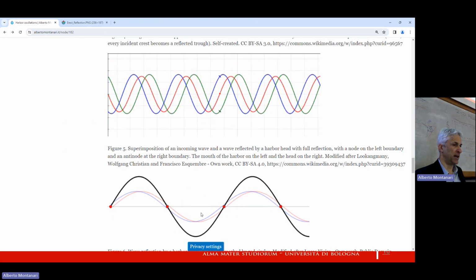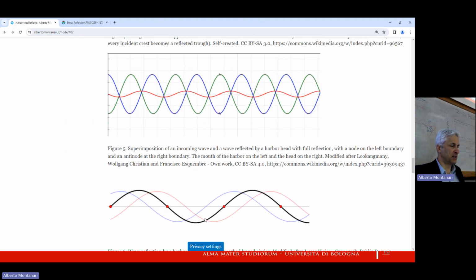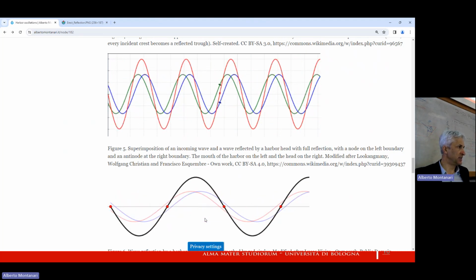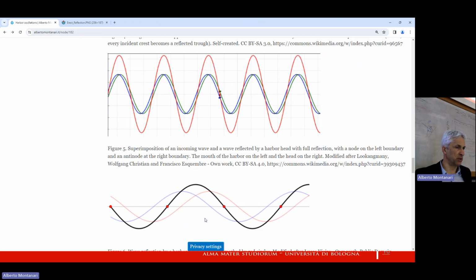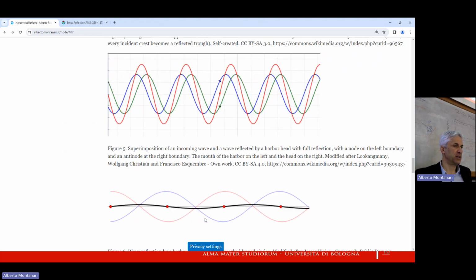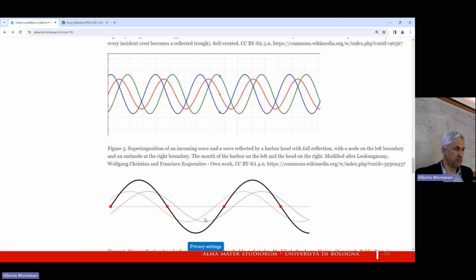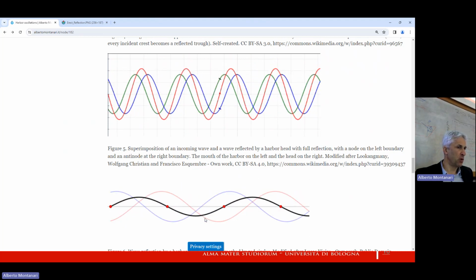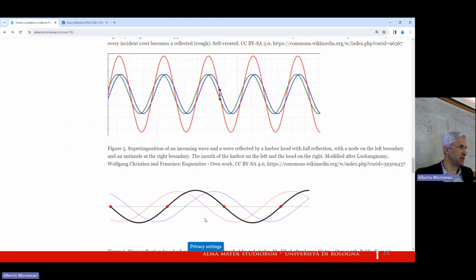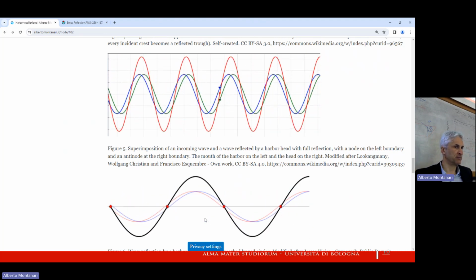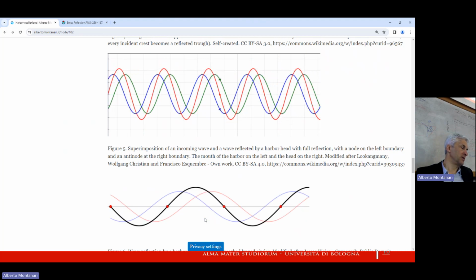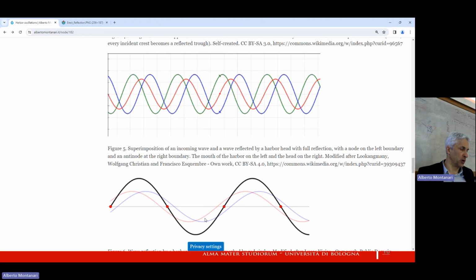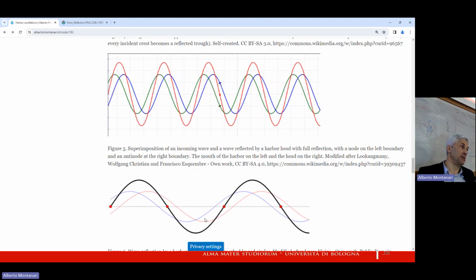Look at the black line, because it's not traveling. It's a wave that is completely standing. It's the composition of the incident wave and reflected wave that generates a wave that is not traveling, it's standing. It's standing also during time because it lasts for a long time if there is limited friction.